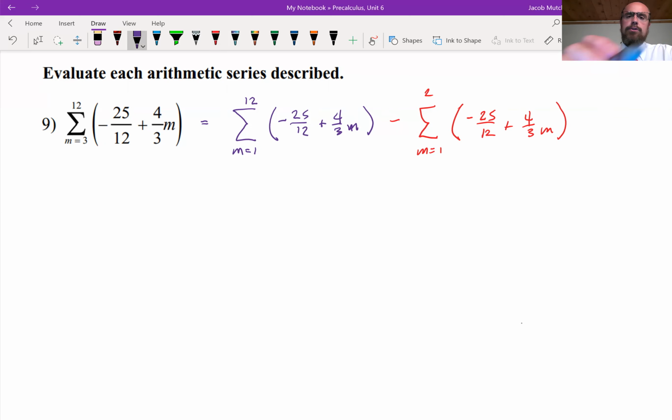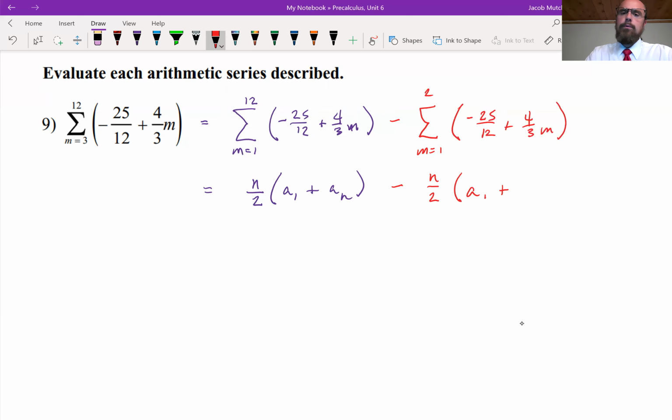So again, I need to just remember how I'm going to set this up with the formula. So it's S sub n equals n over 2 times a sub 1 plus a sub n. And then we're going to do the same thing, but for the dimensions of this second one, the sigma notation that would represent the sum of the first two terms.